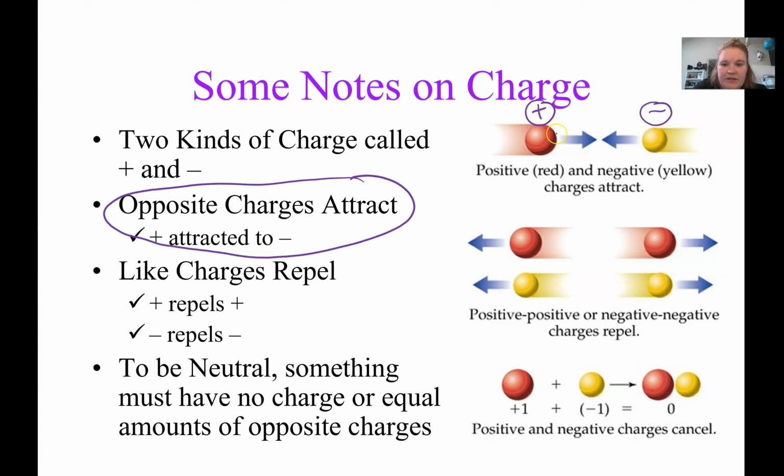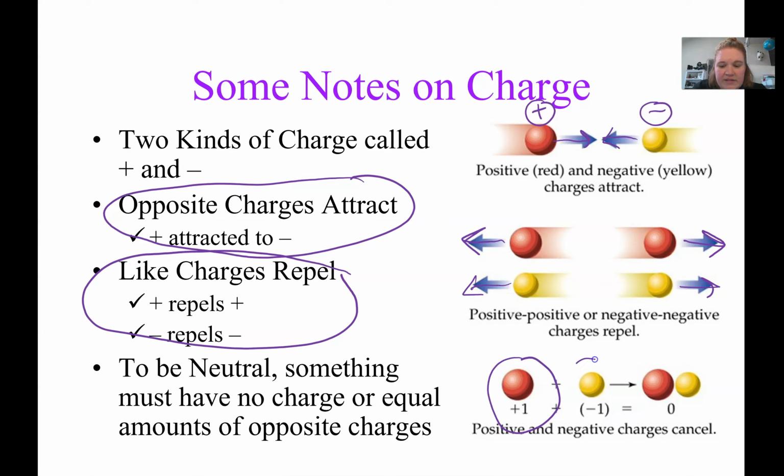So we can see here that they're going towards each other. And like charges repel. So positive pushes away from positive, and negative pushes away from negative. And if we have equal amounts, 1 positive and 1 negative, we will end up with a neutral particle, a neutral atom or molecule.